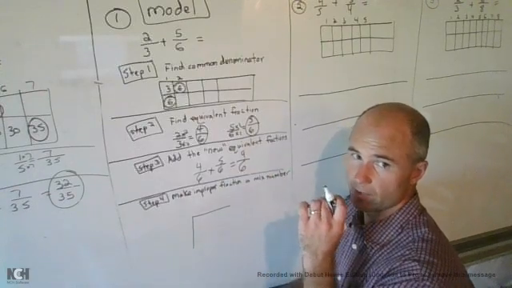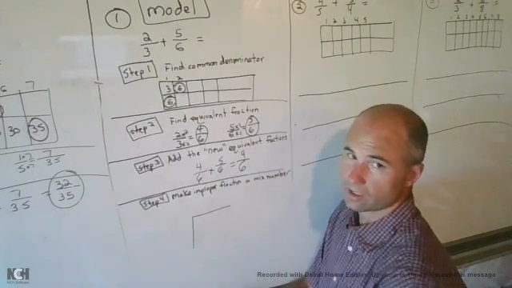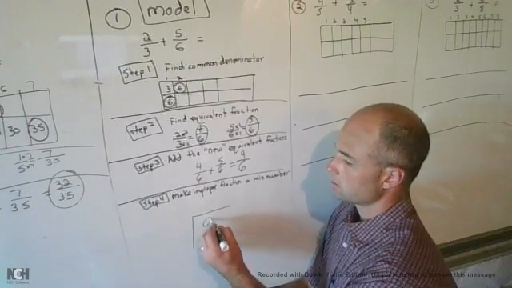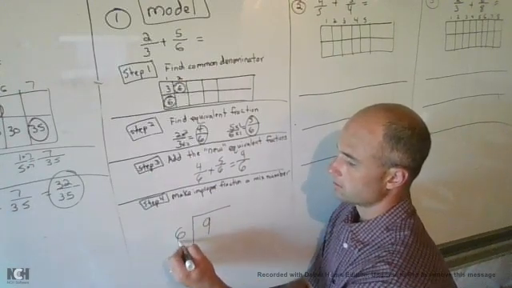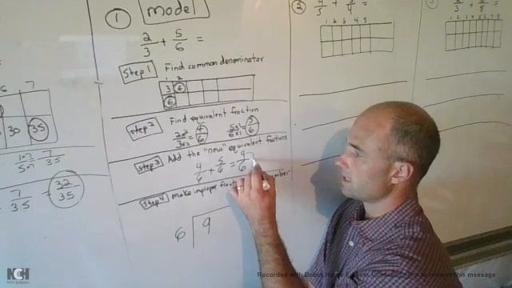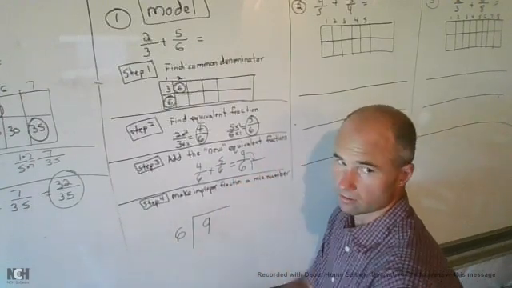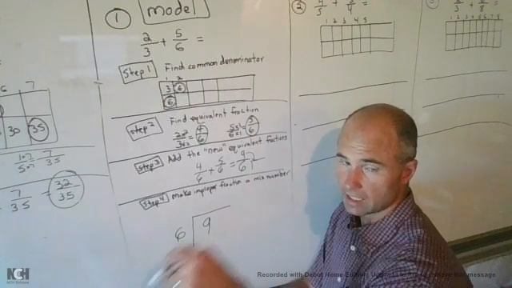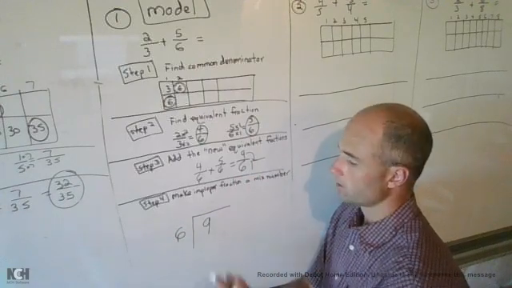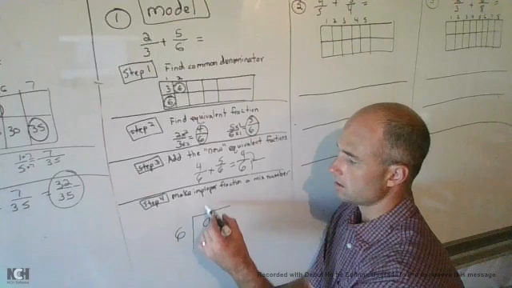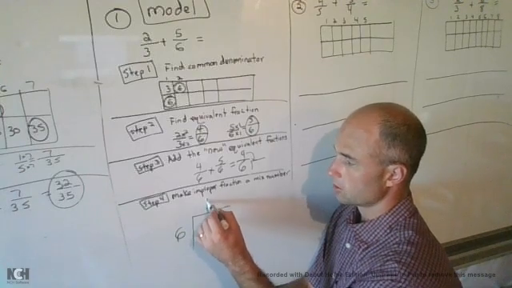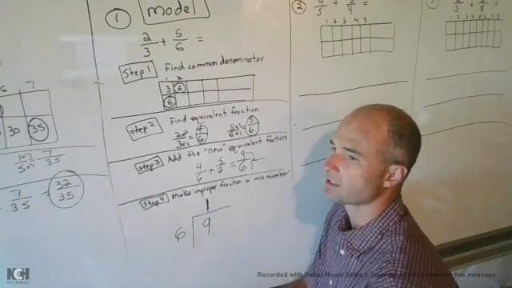You want to find out how many 6s go into 9. You technically bring the 9 down to divide 6 into it. So the 6 is going into the 9. How many 6s go into 9? 1. You know it's got to be at least 1 because it's improper.